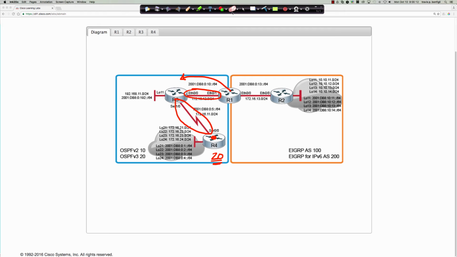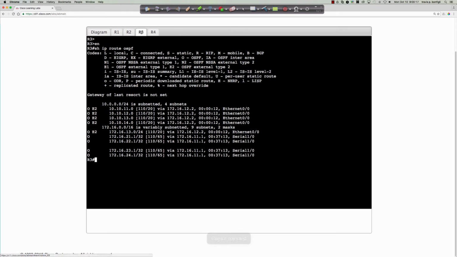If I come up here to router 3, what's the metric going to be on router 3 for that information? We already saw it, right? Take a look, it's right there. 20. So that is what OE2 is all about. The external type 2 gets the seed metric assigned, and the metric is 20 and will always stay 20 unless you manipulate it to be some different metric value.